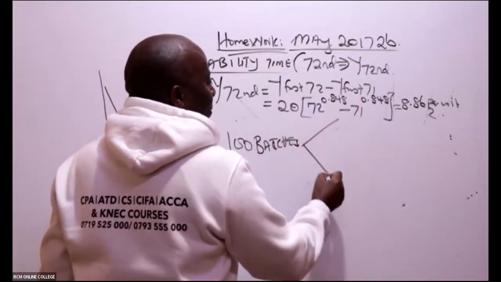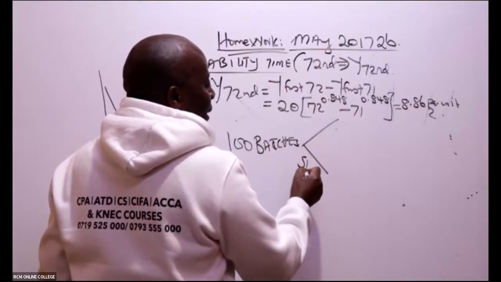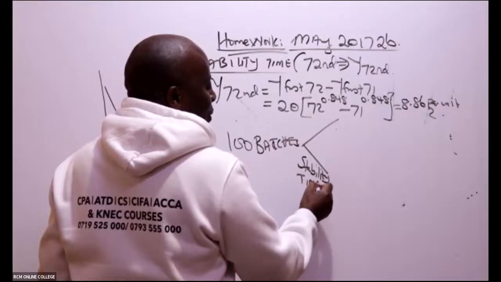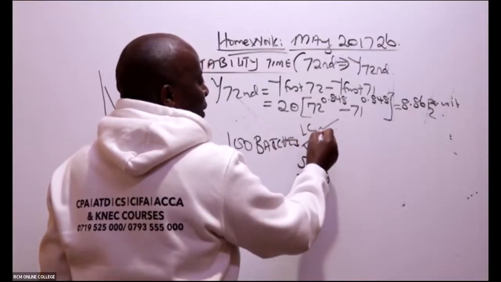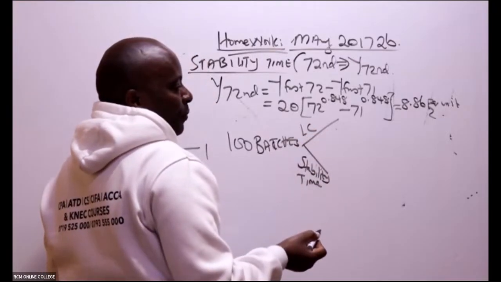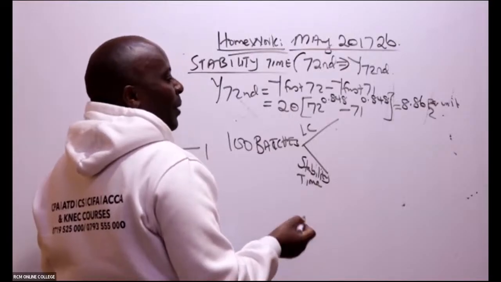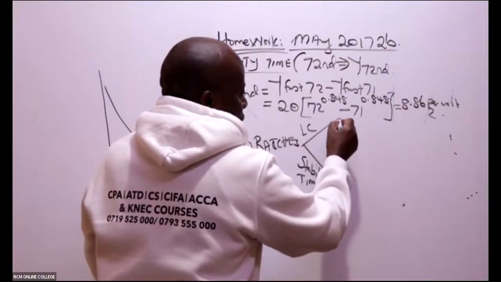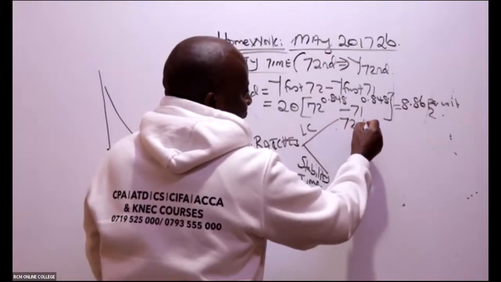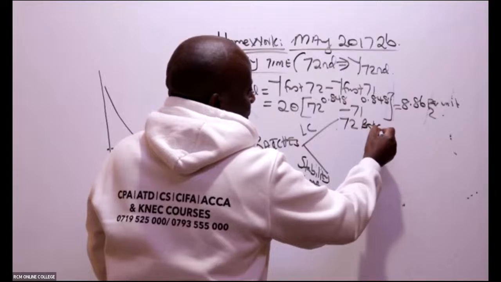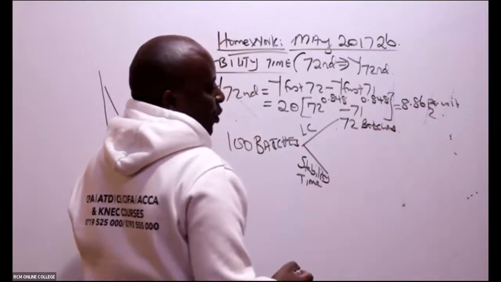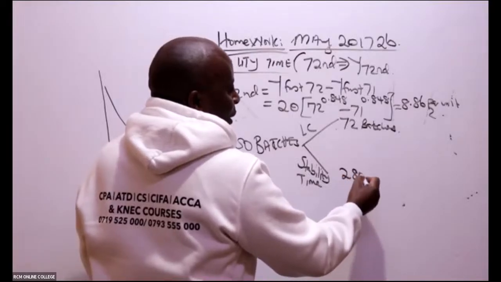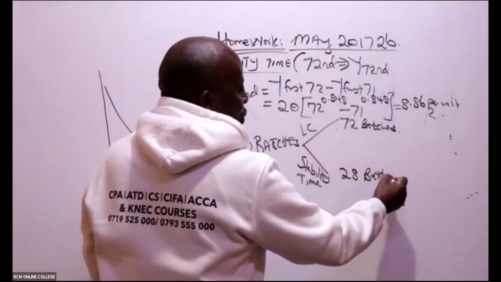Out of these 100 batches, we have batches where stability time is being used, and batches where learning curve is being used. The learning curve, we shall continue learning up to unit number 72. So 72 batches, and because there are 100 in total, this will be 28 batches.